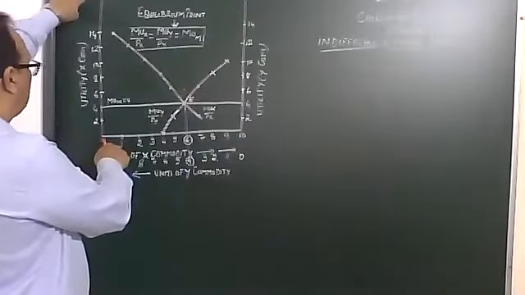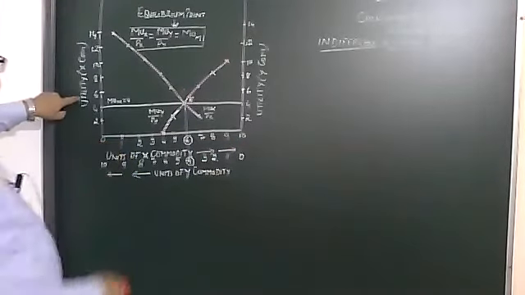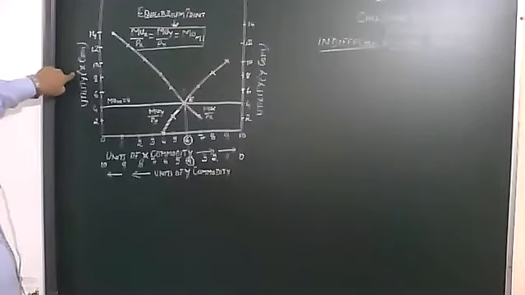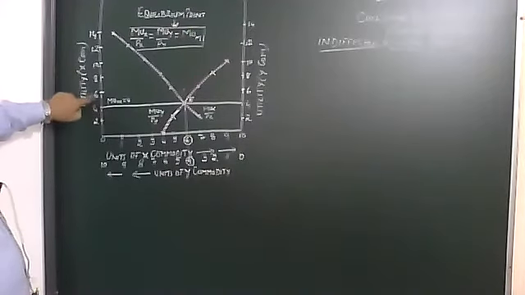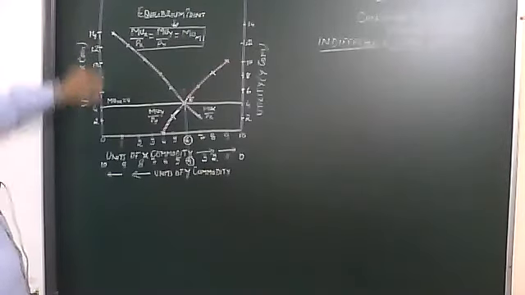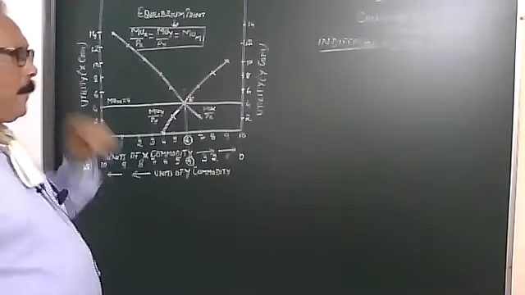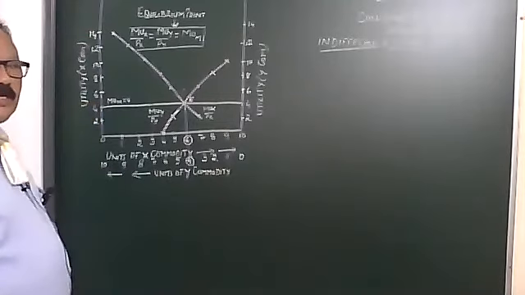On the y-axis, we will take the utility of x commodities. And 2, 4, 6, 8, 10, 12, 14 are the measures.